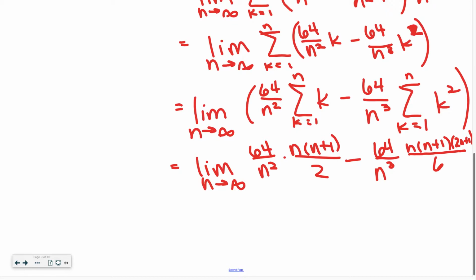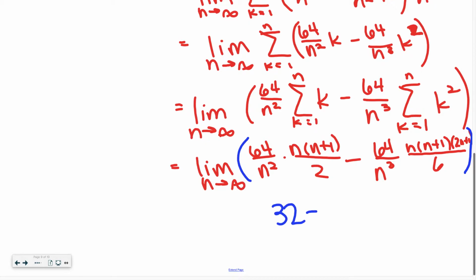You can remember those limit shortcuts, or you can combine everything into one step. If we were to multiply everything right here, we'd have 64n squared, blah, blah, blah, over 2n squared. So towards infinity, our limit would be 64 over 2.